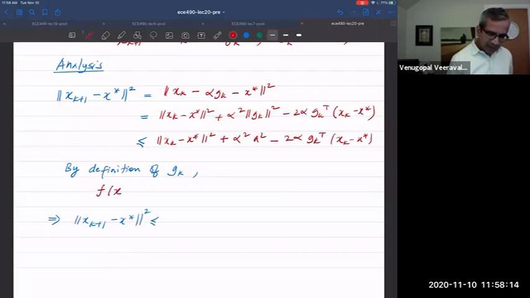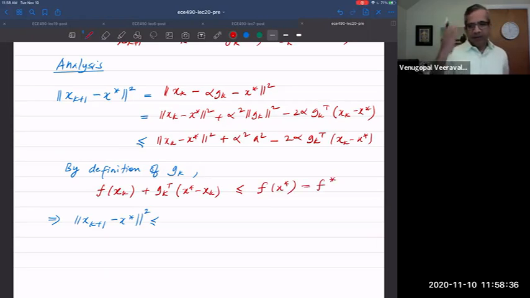In other words, the function at x star is lower bounded by the first order line, essentially. So f of x star is lower bounded by f of xk plus g transpose x star minus xk.